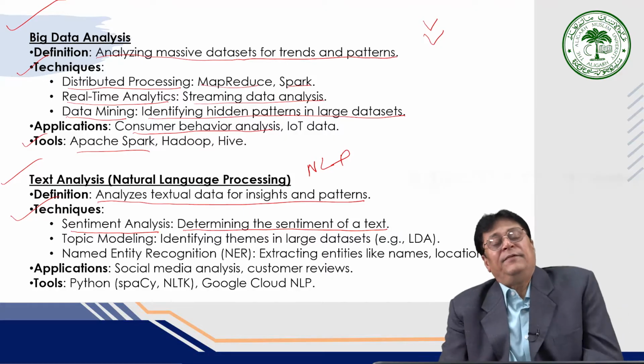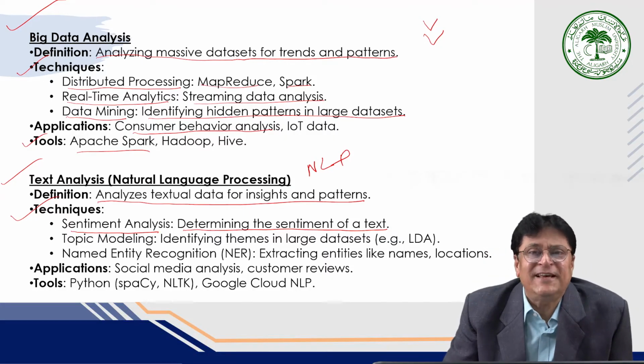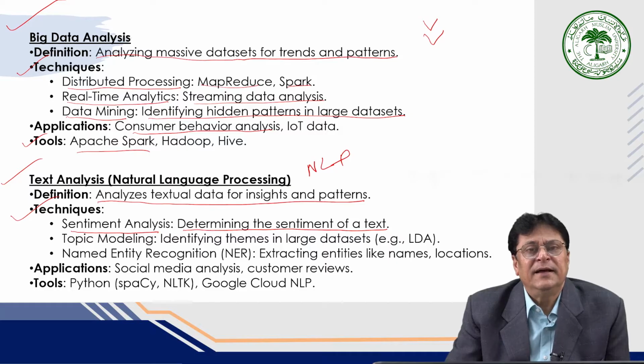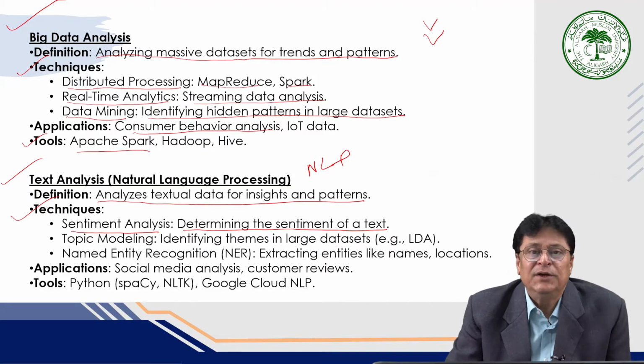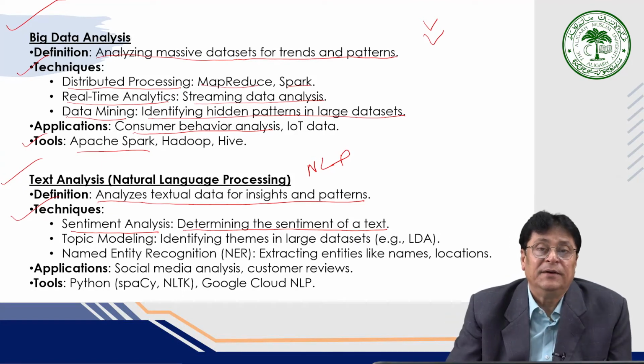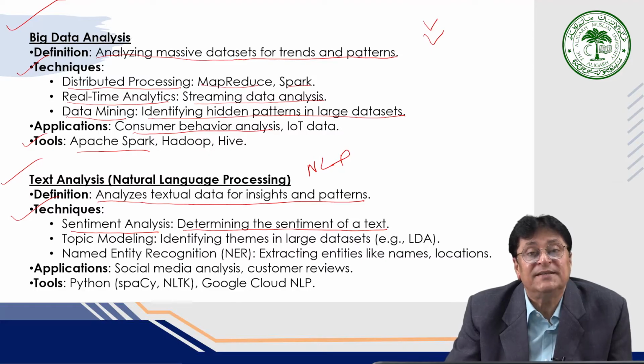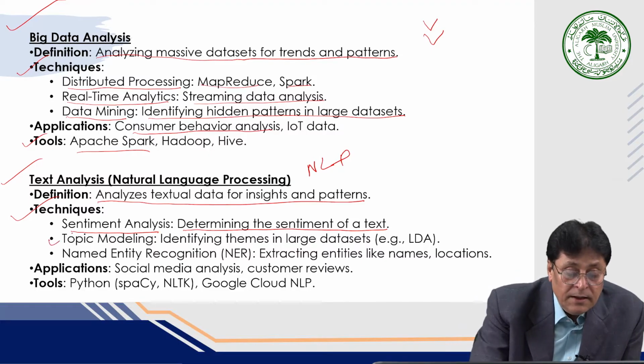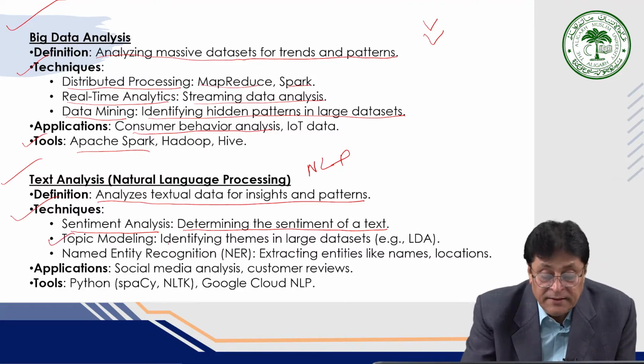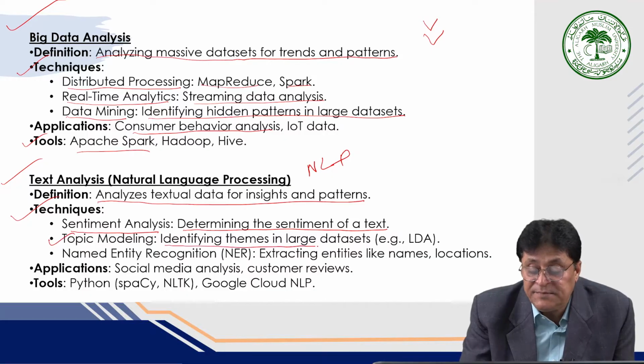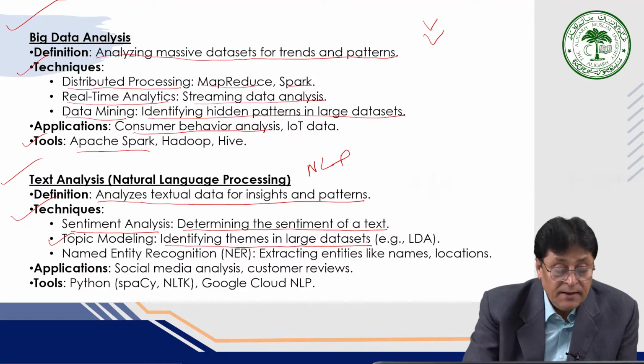There are various customer responses, right? Those responses, textual messages, are analyzed to identify the sentiments of the people who have posted them. Topic modeling, identifying the themes in large data sets.